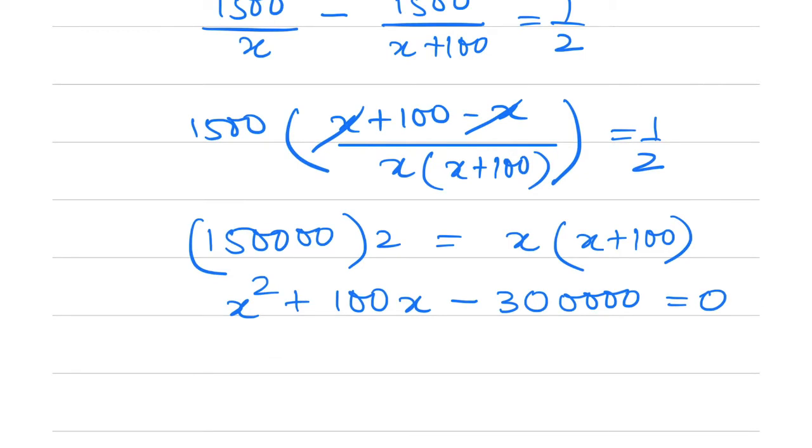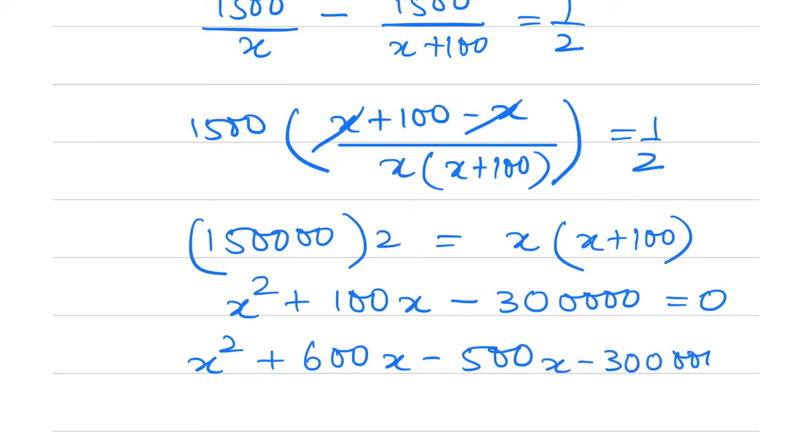I have to look for two numbers whose sum is plus 100 and product is minus 300,000. Plus 600x minus 500x minus 300,000 is equal to 0.